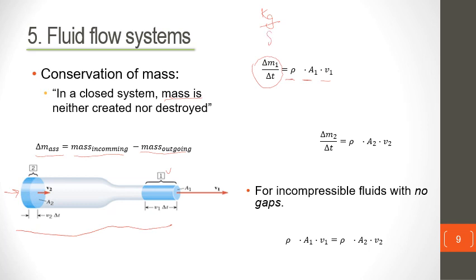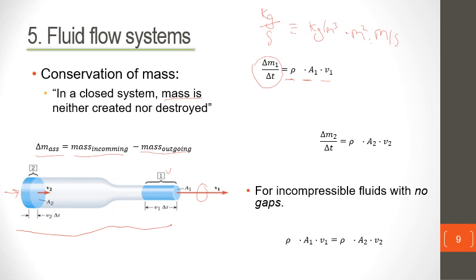So what we are saying is mass over time will be equal to the density. Density is in kg per meters cubed. Remember, density is equal to mass over volume. Times the area, which is in meters squared, that is the cross-sectional area, times the velocity, the speed at which the fluid flows, which is in meters per second.